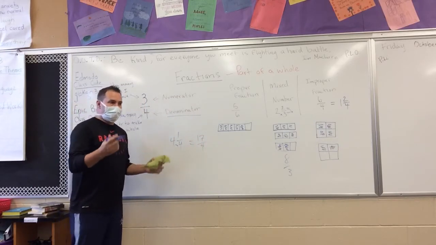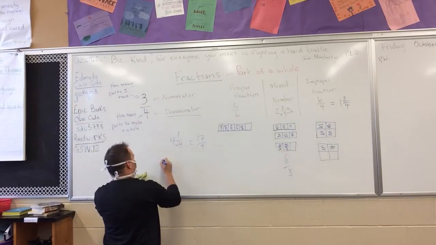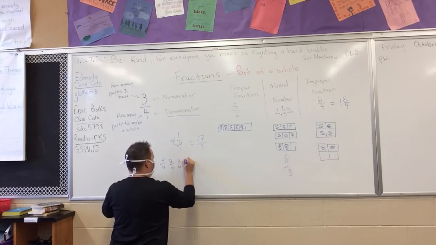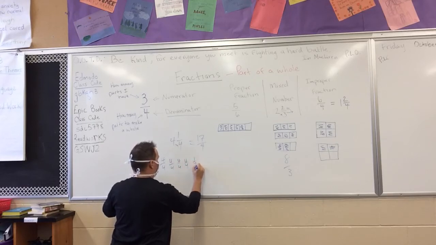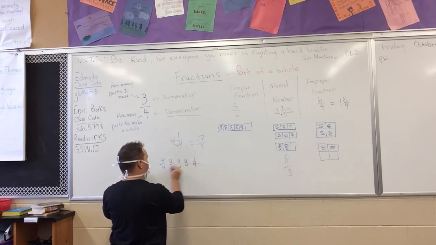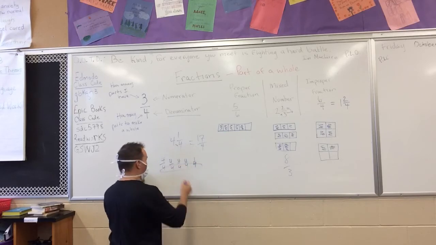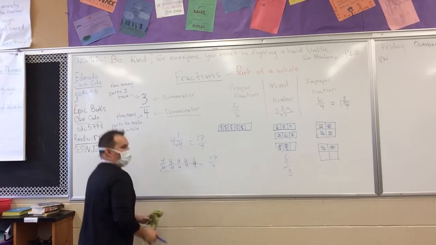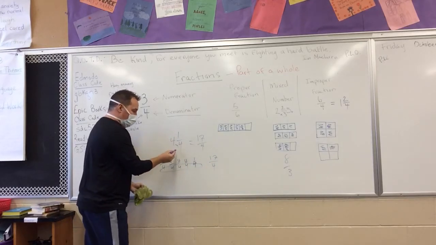Right? Or you could do it like this. You could go, well, okay, so there's 4 over 4, 4 over 4, 4 over 4, 4 over 4, and 1 over 4. Whenever I have all the same denominators, I can just add them up. 4, 8, 12, 16, 17. Okay, 17 over 4. You could do it out that way, but this is the easy way.